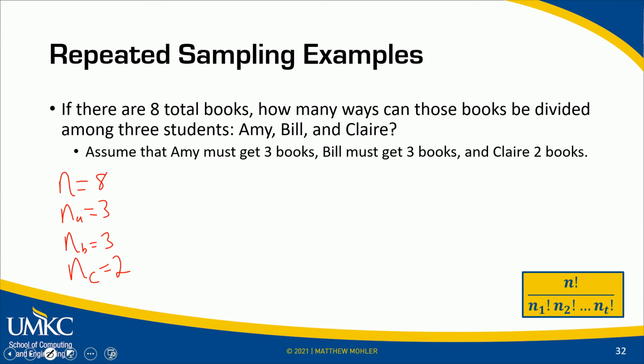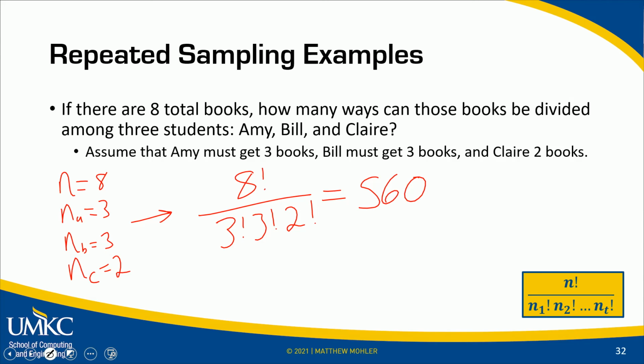And we just plug all these numbers into the formula and we are left with 8 factorial divided by 3 factorial times 3 factorial times 2 factorial. Plugging all those numbers in, we find that that is equal to 560 unique ways that we can divide those books among the 3 students.